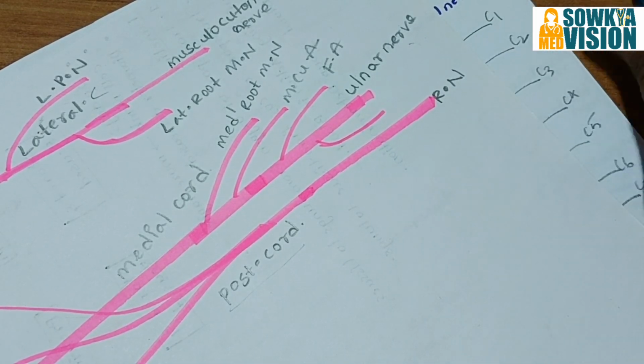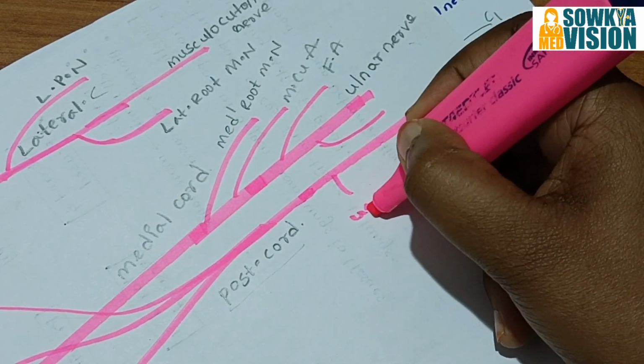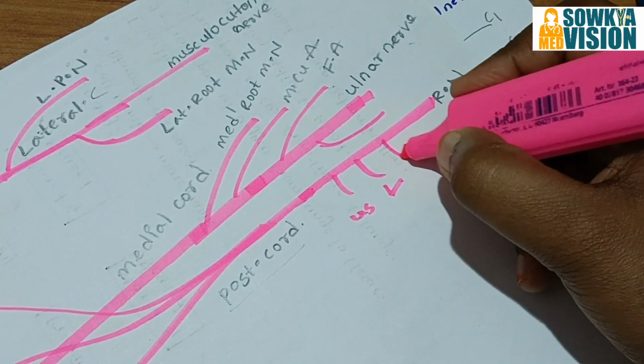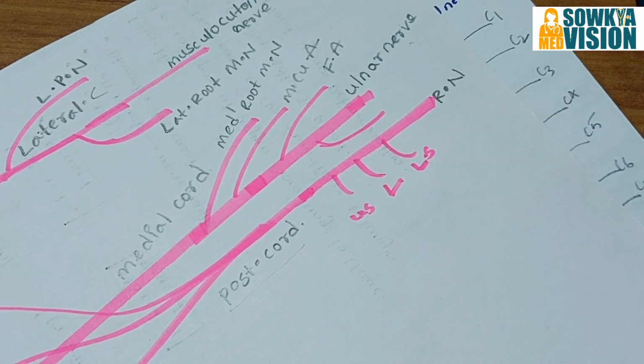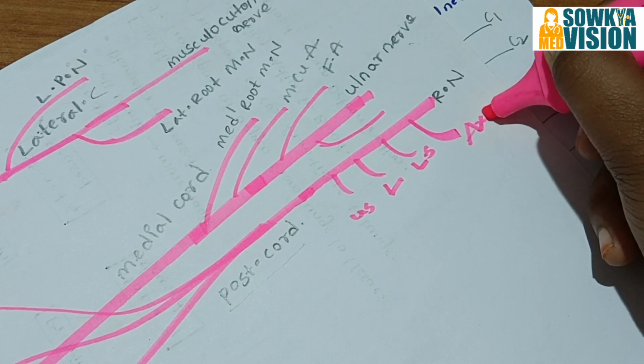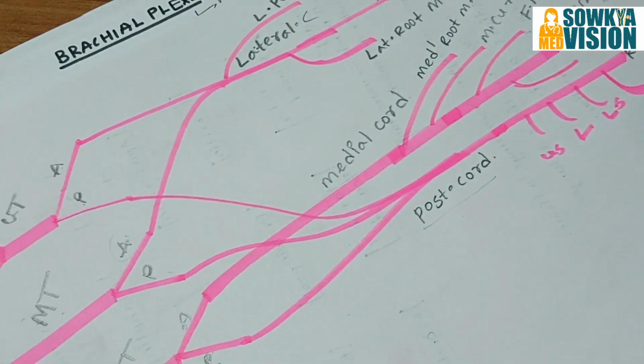nerve, and other 3 branches are upper subscapular, nerve to latissimus dorsi, and lower subscapular. Another branch is axillary nerve. Yes, these are the branches from brachial plexus, all three cords. These are the branches only from the cords.